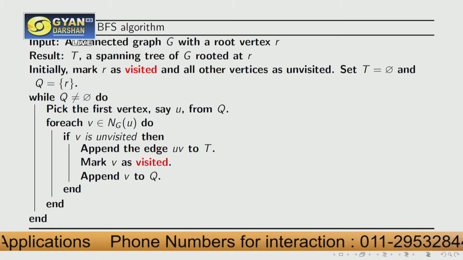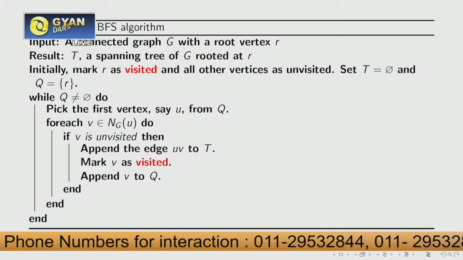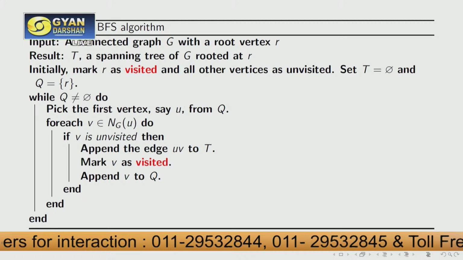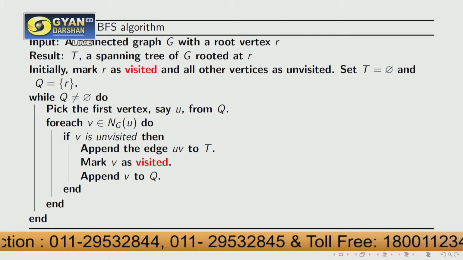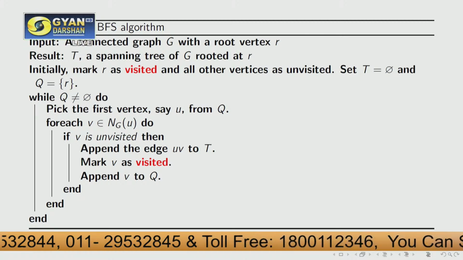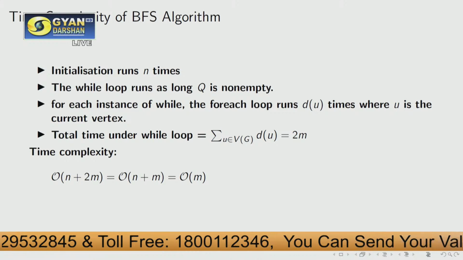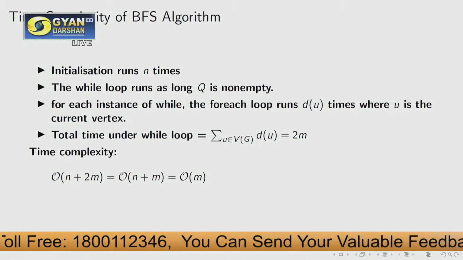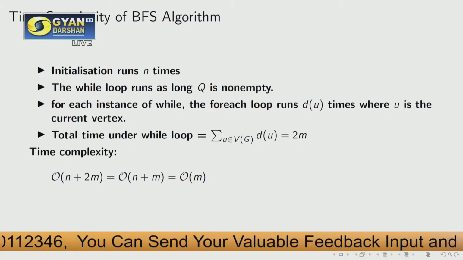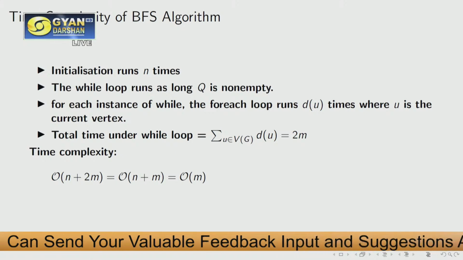So the initialization step just takes n steps, right? If n is the number of vertices in the graph, the initialization just runs n times. The next while loop runs as long as Q is non-empty.